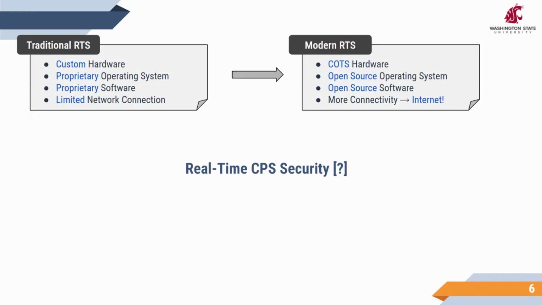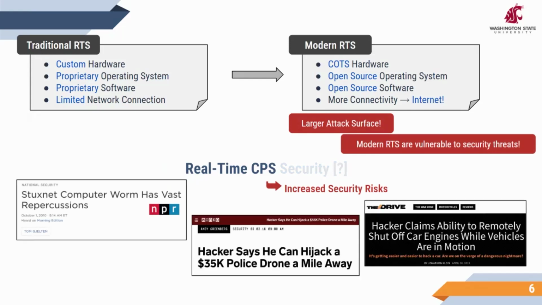They now have more connectivity, and often communicate over an unreliable medium such as the internet, which means for modern cyber physical applications there is now a larger attack surface, and those safety critical systems are now vulnerable to security breaches. There have been some recent attacks on automobiles, police drones, and industrial control systems. Those show that those attacks are real. It's not just some academic research. And to protect those safety critical systems, we need a layered defense mechanism.